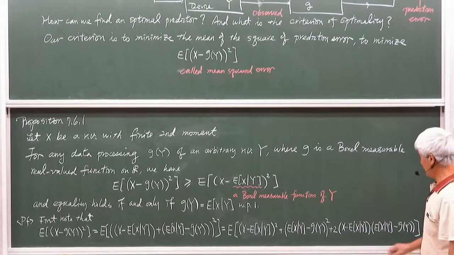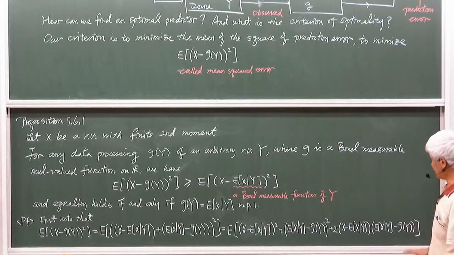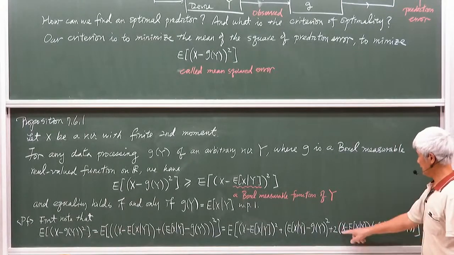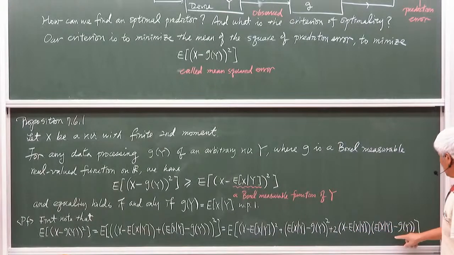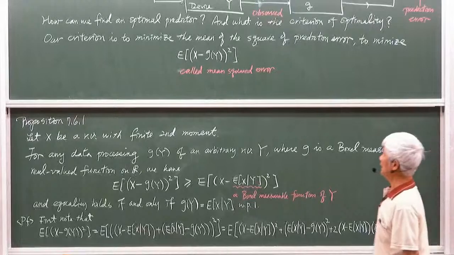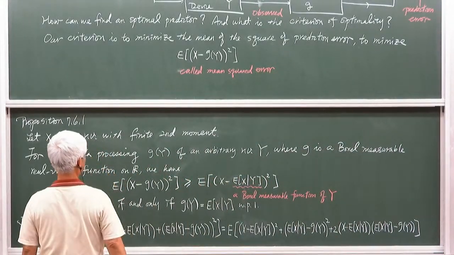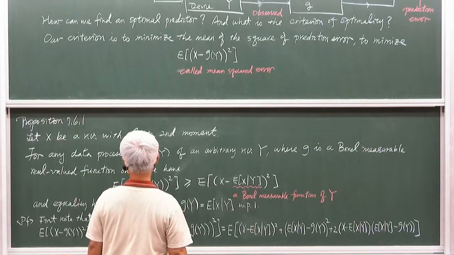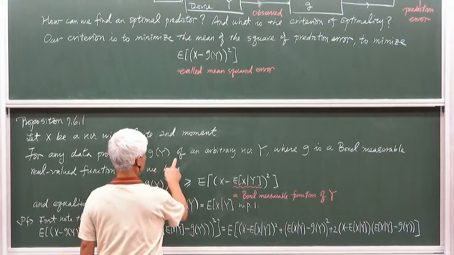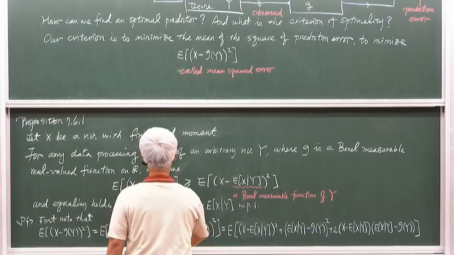For the existence of the expectation of this product, we need that this difference has finite second moment, and we also want this other difference to have finite second moment. So we need X to be a random variable with finite second moment, and also we need G of Y to have finite second moment. So I have to specify that here.